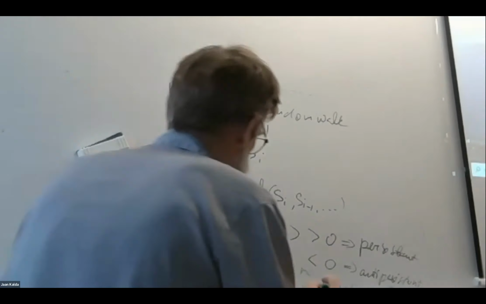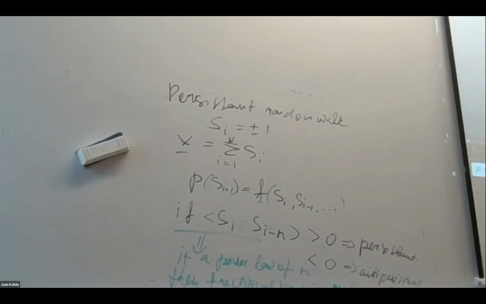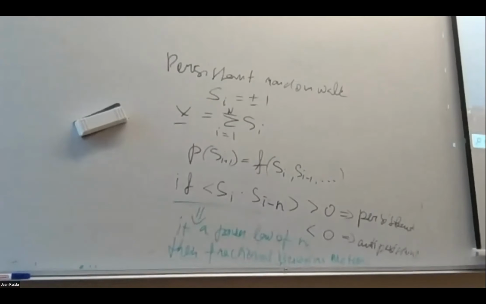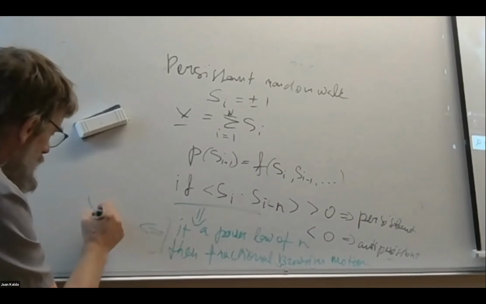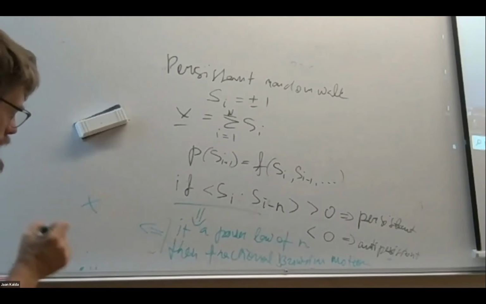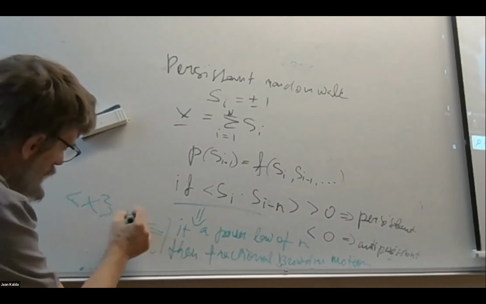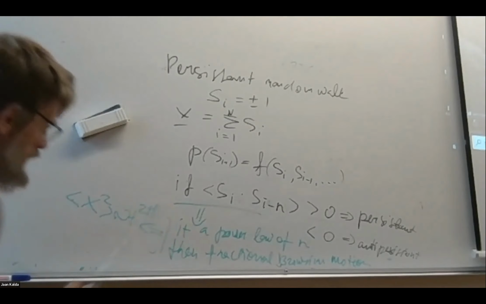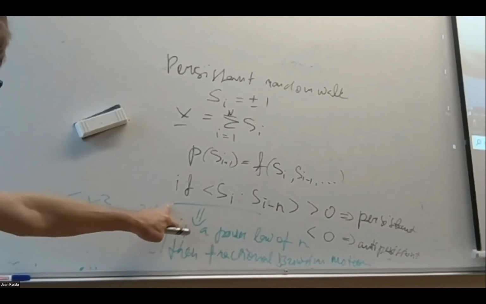So what does this mean? It means that x squared average is close to t to the power of 2h. If it is persistent, h is bigger than 1/2.